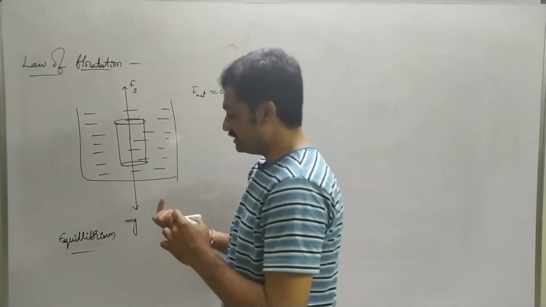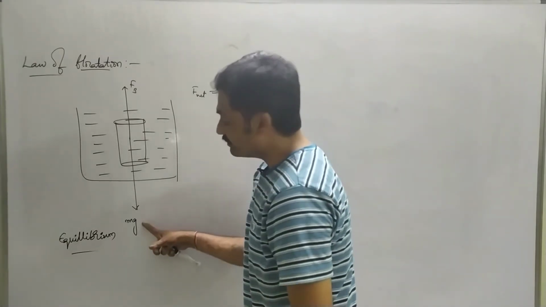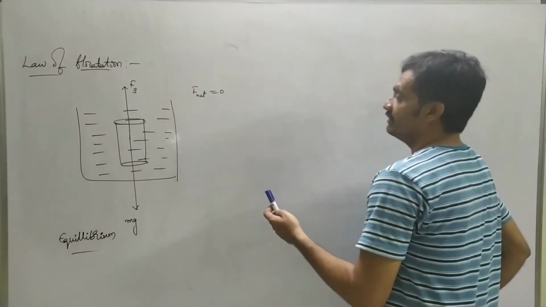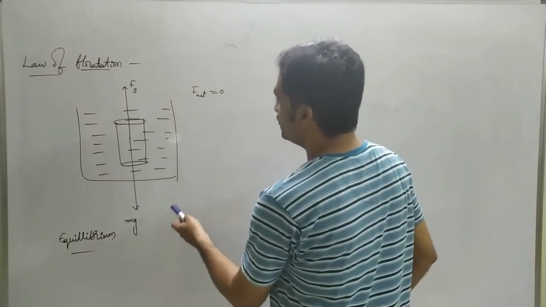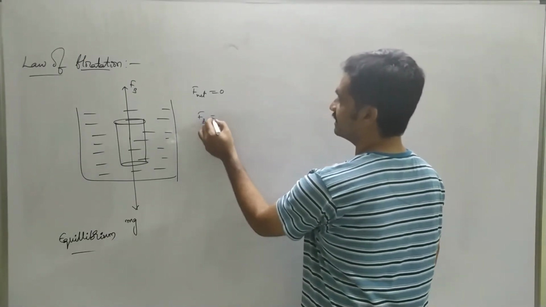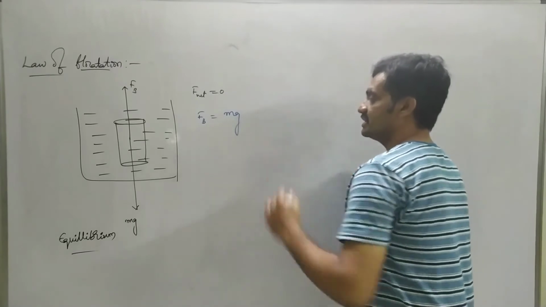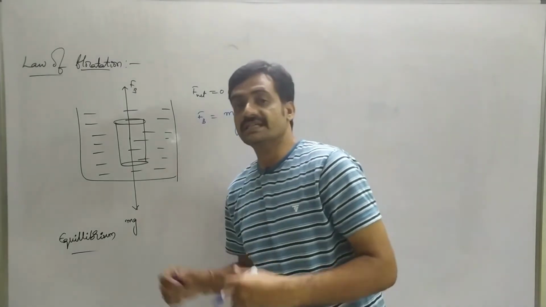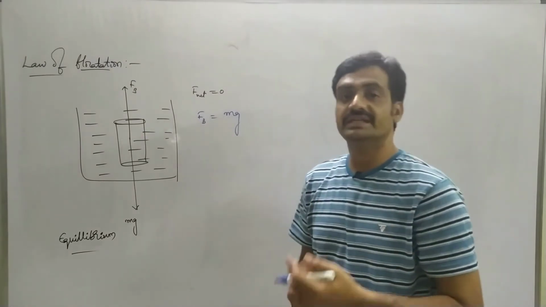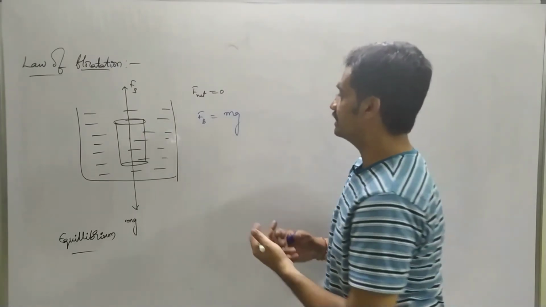Based on this condition, we can represent the downward force as equal to the upward force. So we are going to consider mg equal to buoyancy force. Here I am going to represent it as F suffix b is equal to mg, where buoyancy force is represented in terms of volume of the body within the fluid, density of the fluid, into acceleration due to gravity.